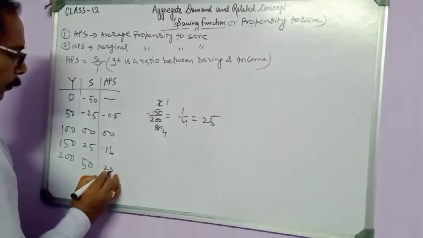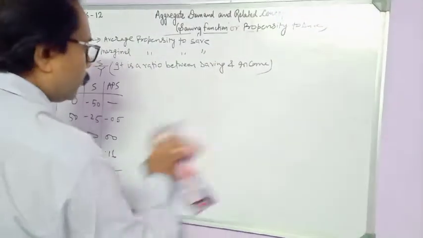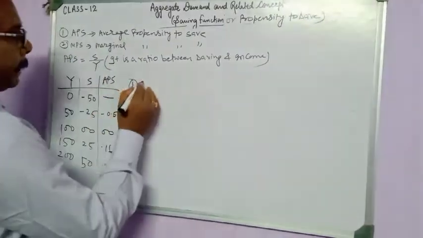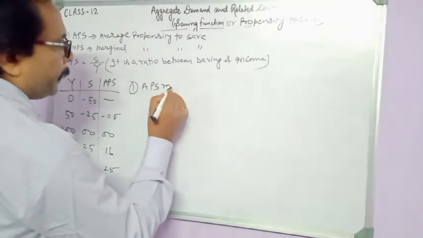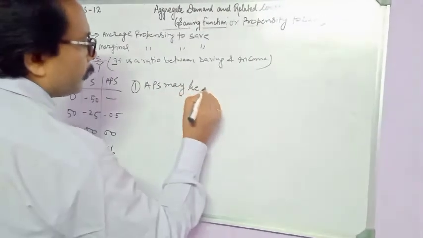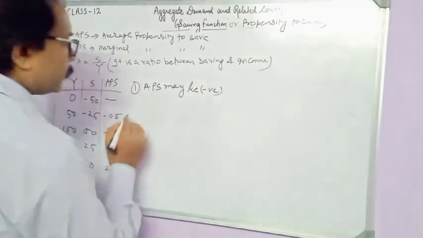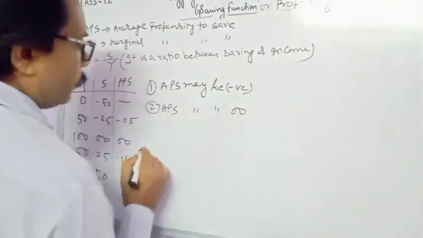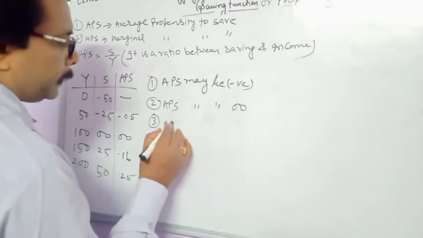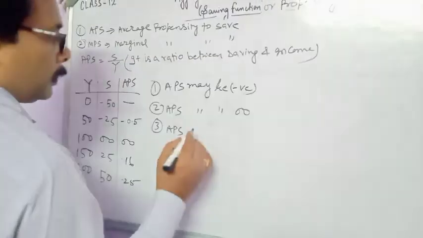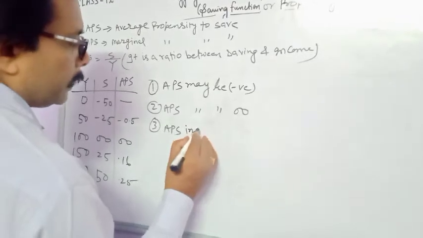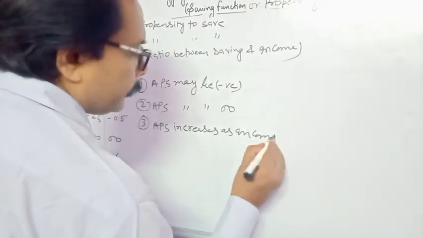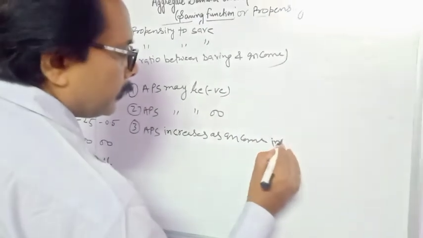So 0.25. Clear? So the observations are that first, APS may be negative. Second, APS may be 0. Third, APS increases as income increases.